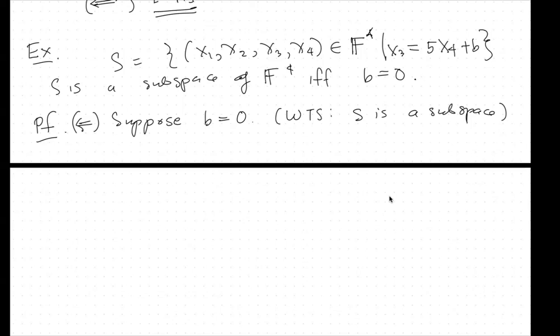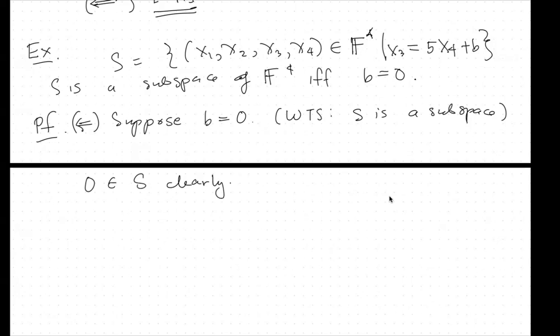So when b is 0, then x3 is 5 times x4. Then the zero vector is in S clearly.